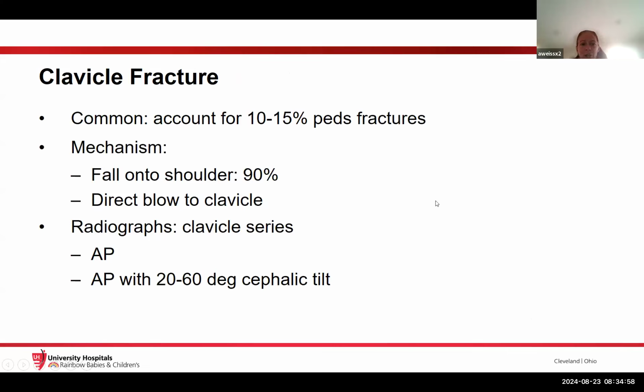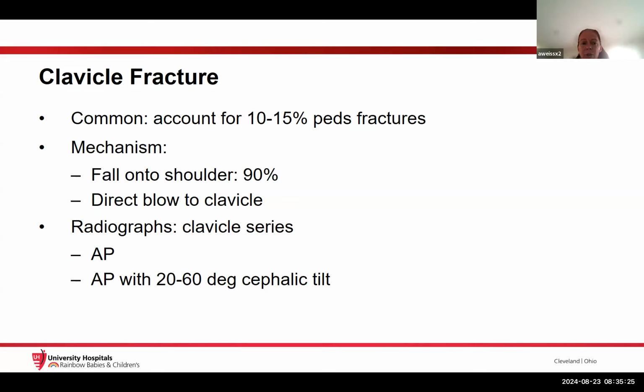Clavicle fractures are pretty common. On the PEDS boards, they'll say clavicle fractures are the most common fractures in kids. I suspect that is because they include clavicle fractures from birth trauma, because it's not the most common fracture we see in sports. That's definitely the distal radius, but it is pretty common. It's almost always a fall onto the shoulder, or sometimes a helmet to the clavicle in hockey or football.